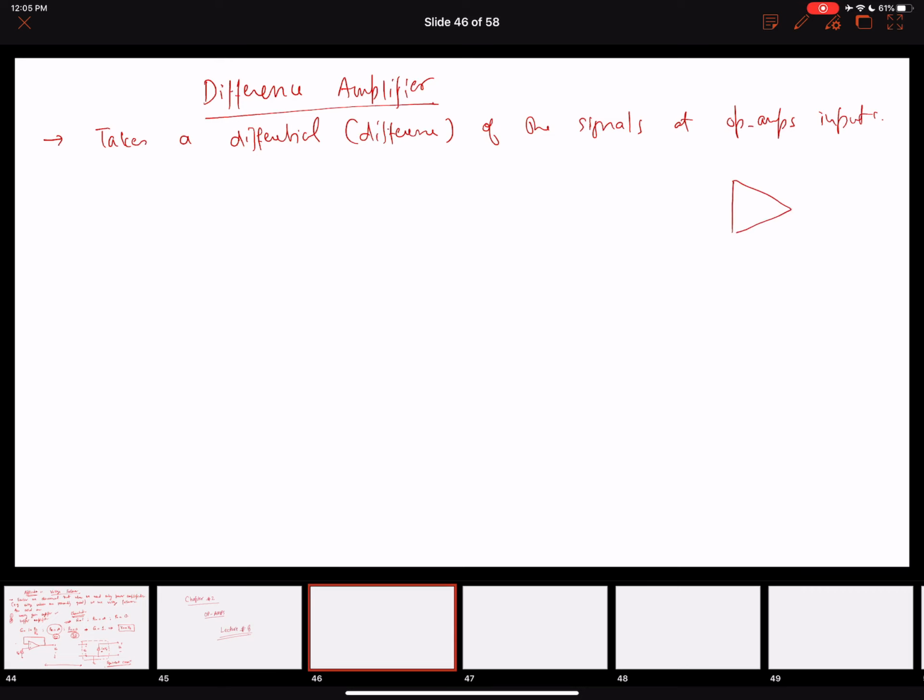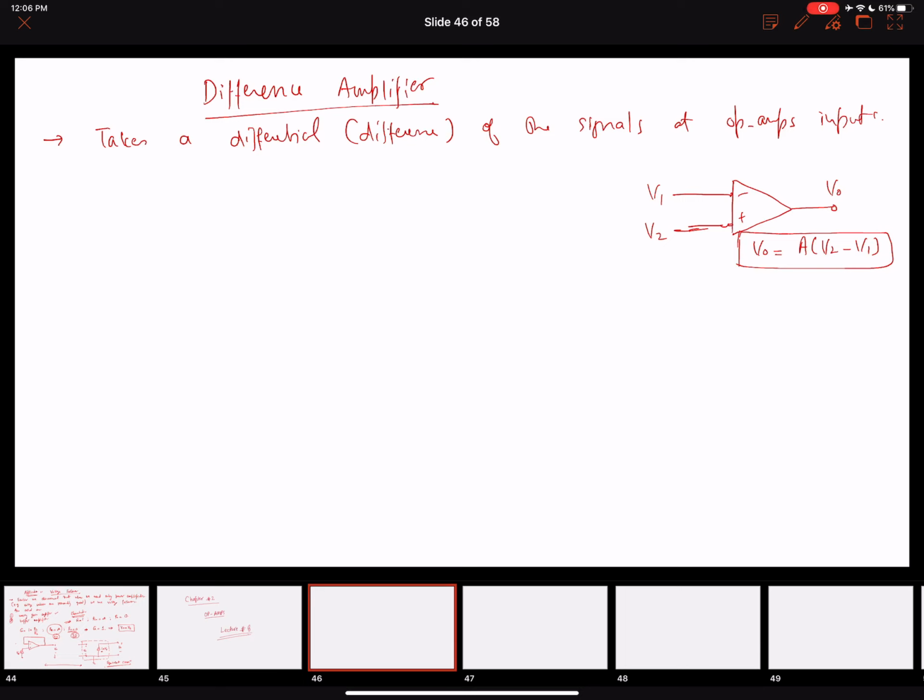If you remember, we said that if we have these two inputs applied, our V0 is V2 minus V1. Our regular op-amp is a difference amplifier. It takes the difference of the two inputs and then multiplies it with a gain A.